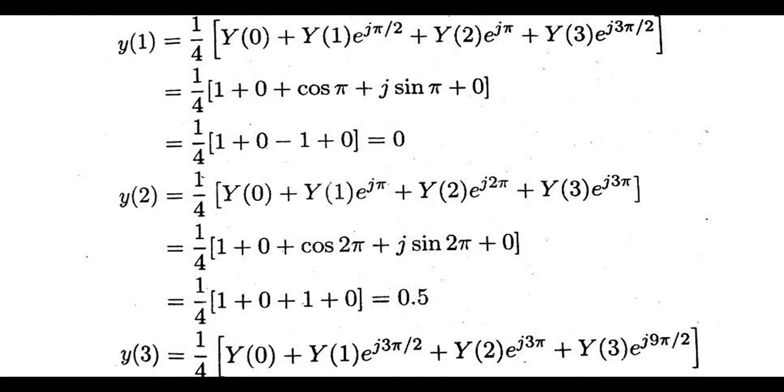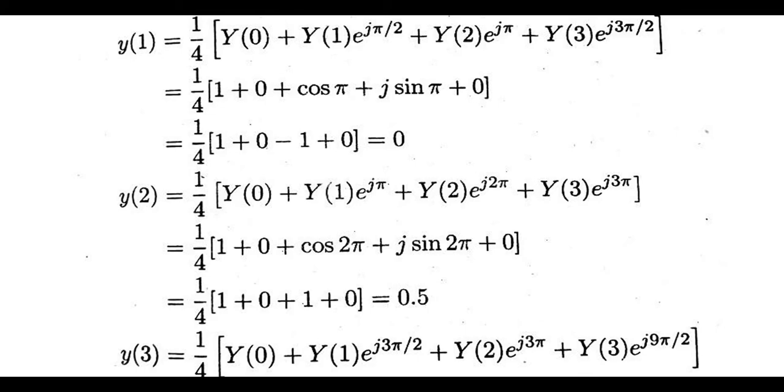Putting n is equal to 2 and capital N is equal to 4, the e raised to j 2 pi nk by N becomes e raised to j pi k. So y of 2 is equal to 1 by 4 into y of 0 plus y of 1 e raised to j pi plus y of 2 e raised to j 2 pi plus y of 3 e raised to j 3 pi.